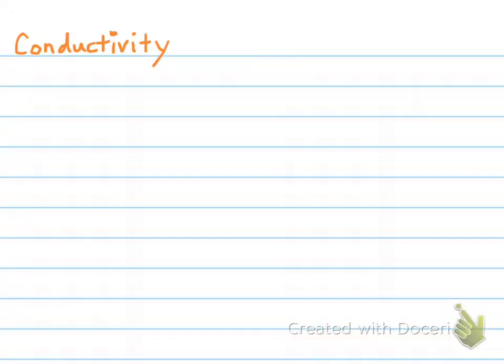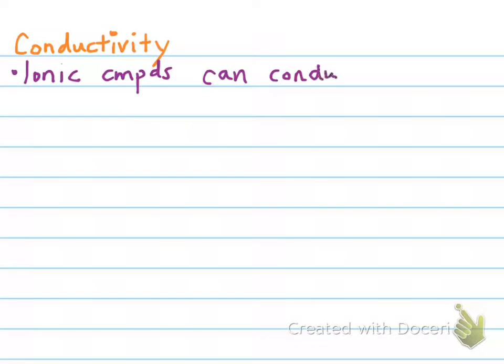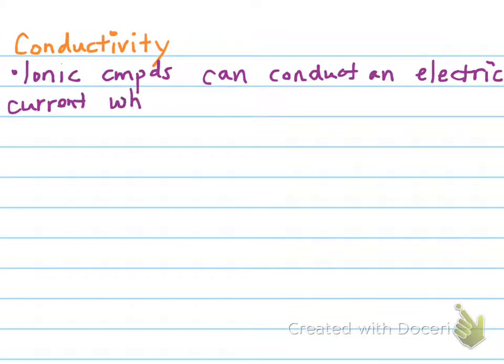The other thing we want to talk about with ionic compounds is their conductivity. Ionic compounds can conduct an electric current when they're melted or dissolved in water.